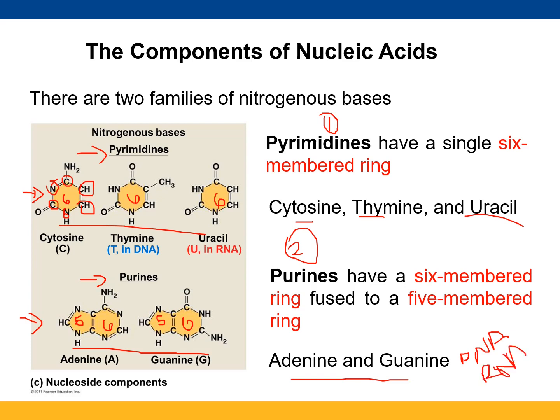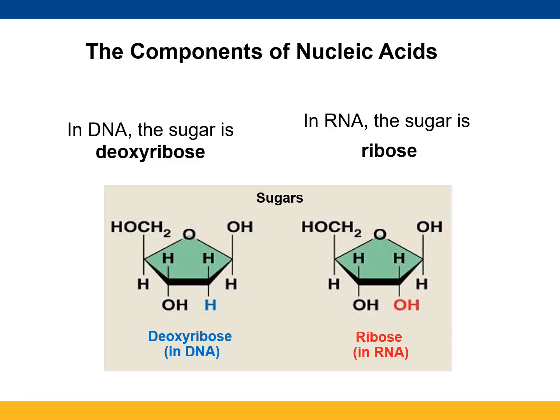They are in both, while the uracil is only found in RNA, and the thymine is only found in the DNA.